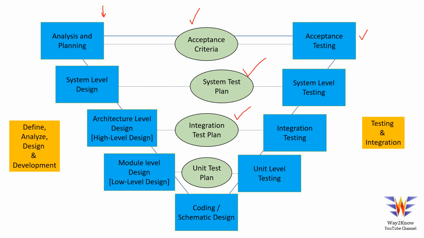And then the next level is the module level, which is like the low level design. Low level design involves designing individual blocks. For example, take a UART to RS-232 conversion to give RS-232 levels from a board.